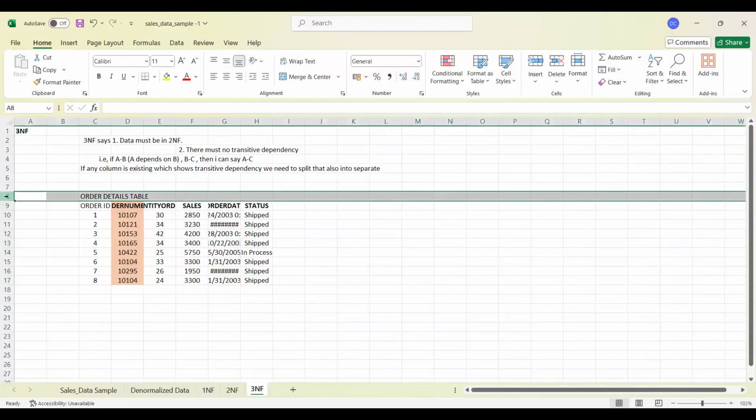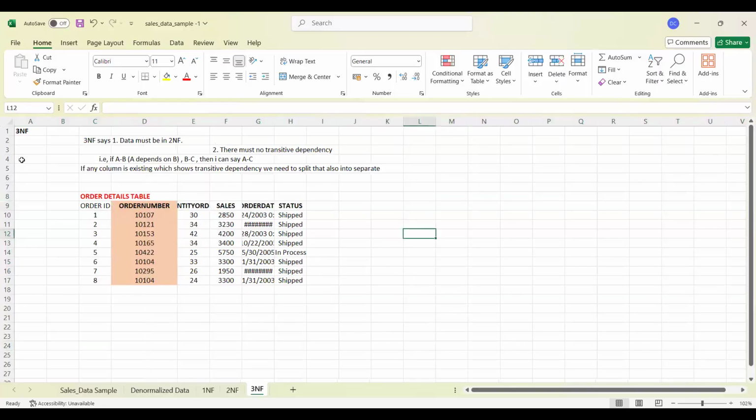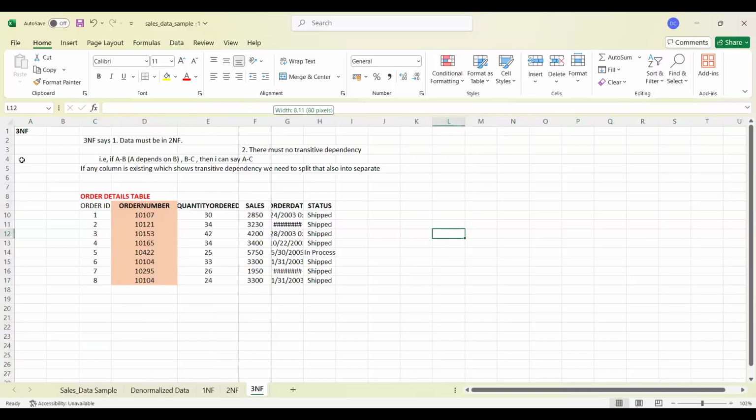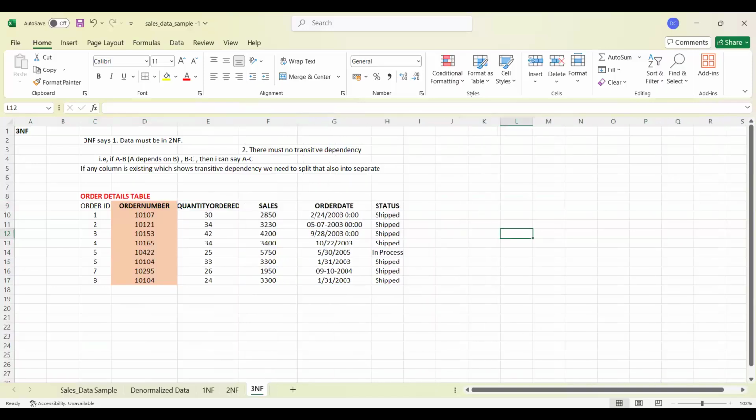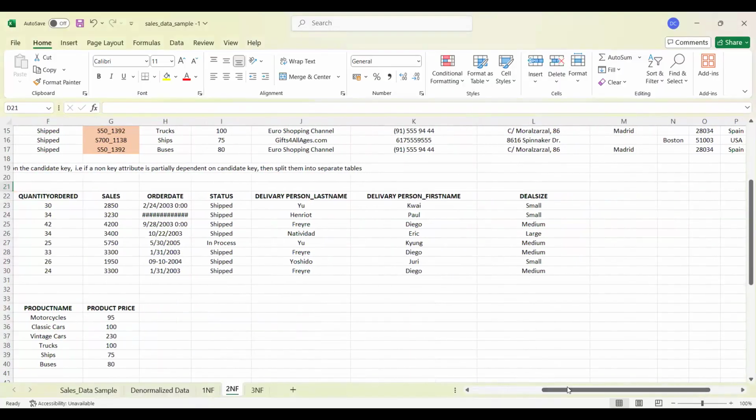This is one, the order details table. Now in the order details table we have three more columns: delivery person name, delivery first name, last name.